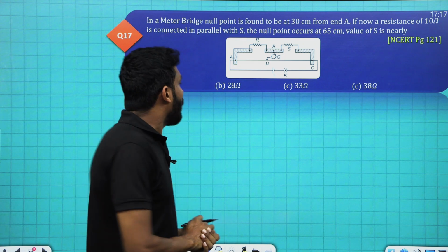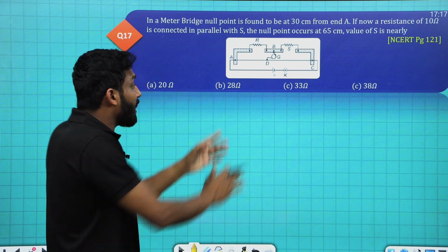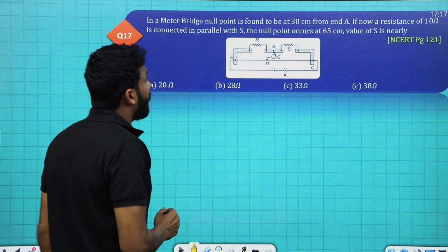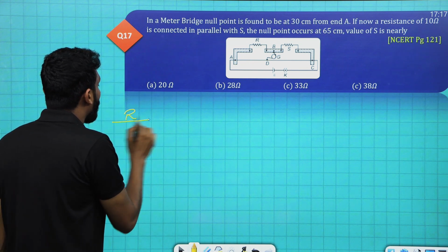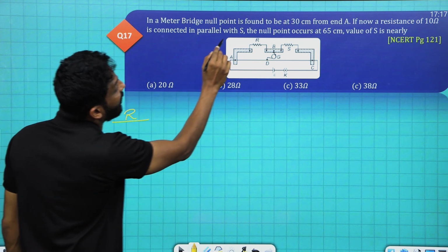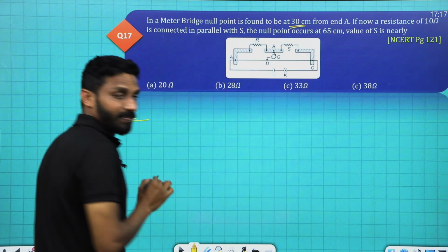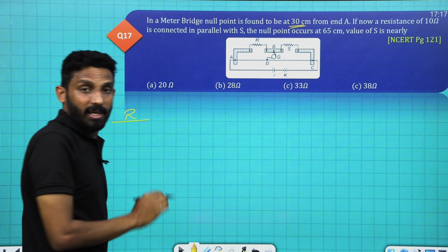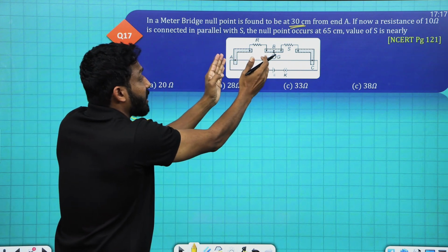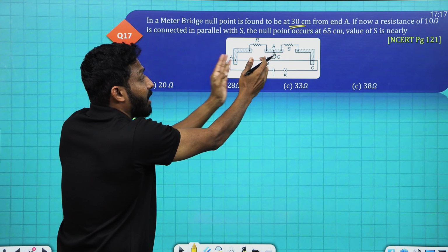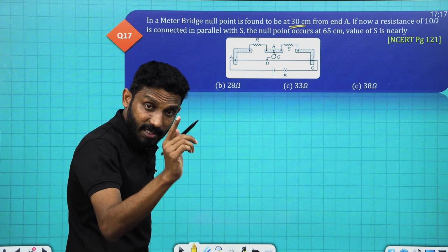Now, before connecting 10 ohm, means in this situation, we write R divided by L1. L1 is given in the question as 30 centimeter. Without connecting 10 ohm, as shown here, this balancing length is 30 centimeter, then this will be 70 centimeter because the overall length is 1 meter, means 100 centimeter.